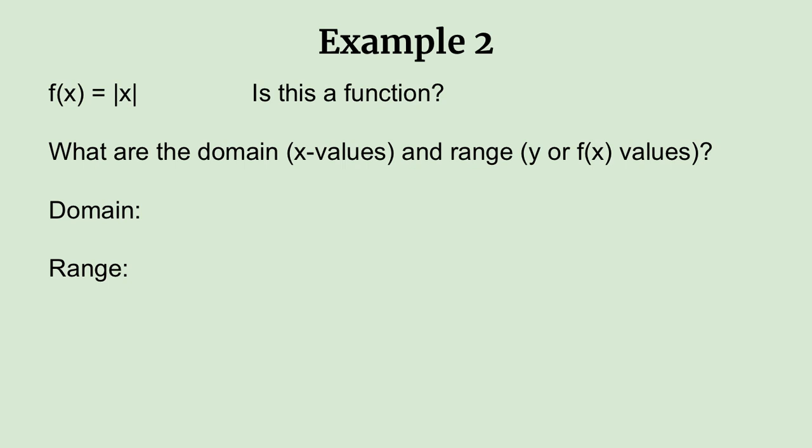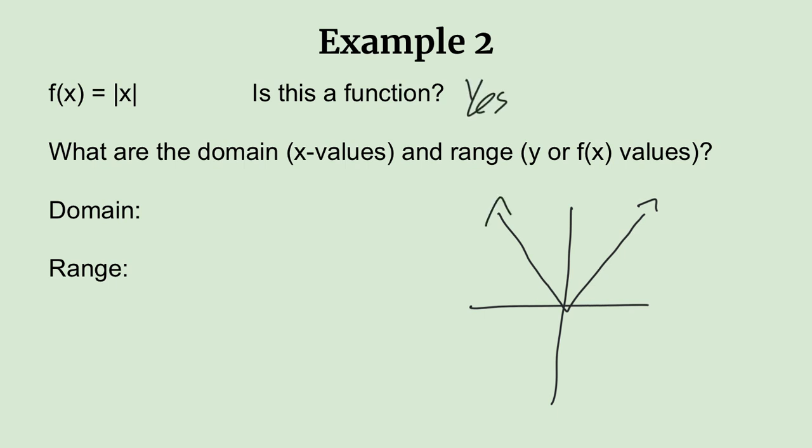Absolute value of x, that's a V shape that looks like this. That would be a function. Domain here, there's no missing x value, so it would again be negative infinity to infinity.